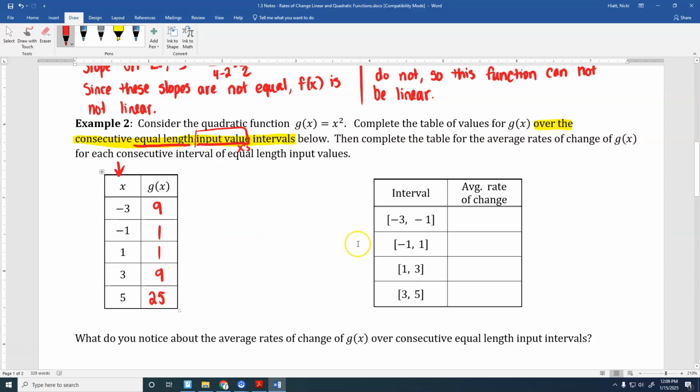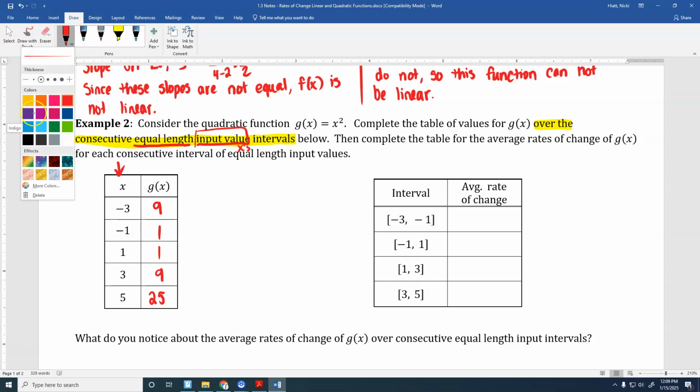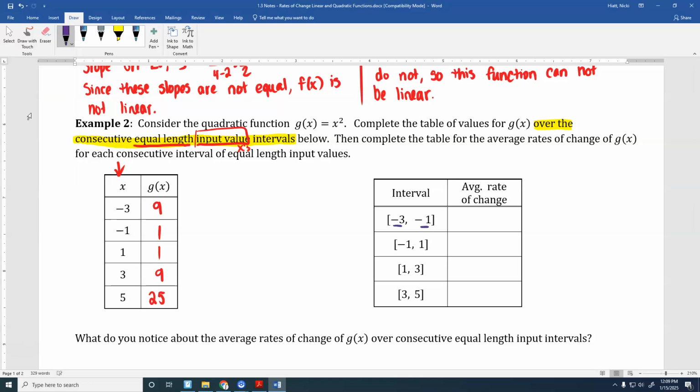Now, this asks us for our average rate of change from negative 3 to negative 1. When I have a table, what I like to do for this is I just look at the change in the graph. So over here in this table, if I'm going from negative 3 to negative 1, that's right here, right? And that from negative 3 to negative 1, that is up 2, positive 2.